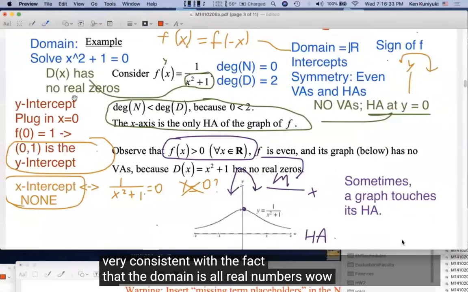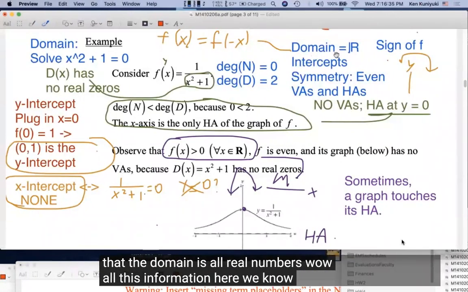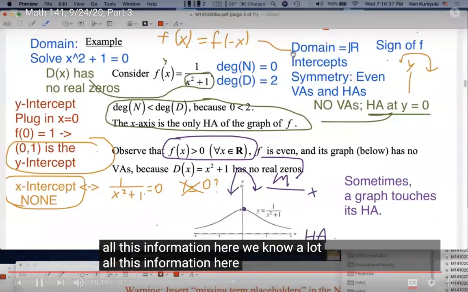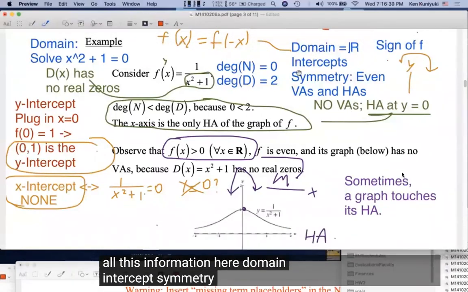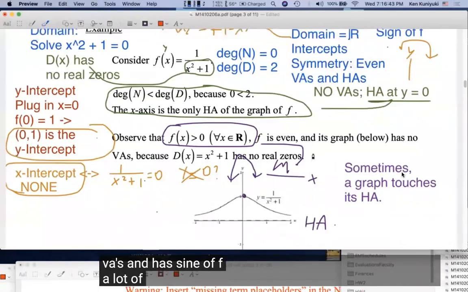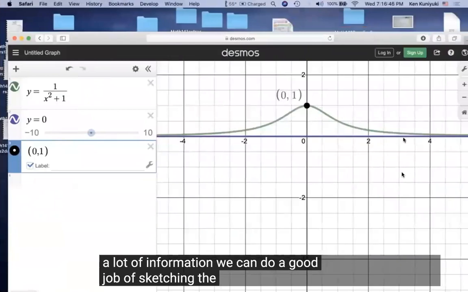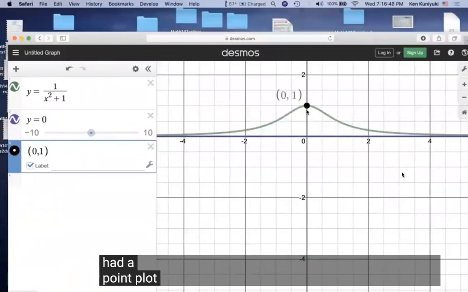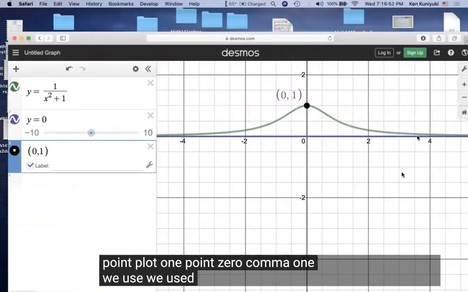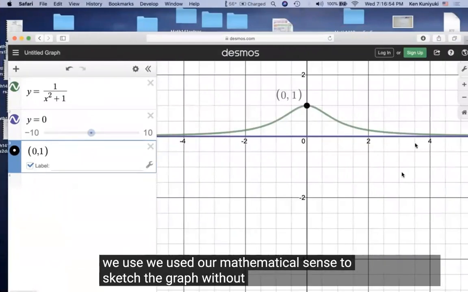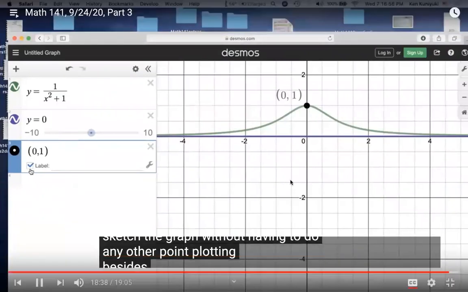Wow, we know a lot: domain, intercepts, symmetry, VAs and HAs, sign of f. We can do a good job of sketching the graph, and we only had to plot one point, (0, 1). We used our mathematical sense to sketch the graph without any other point plotting.